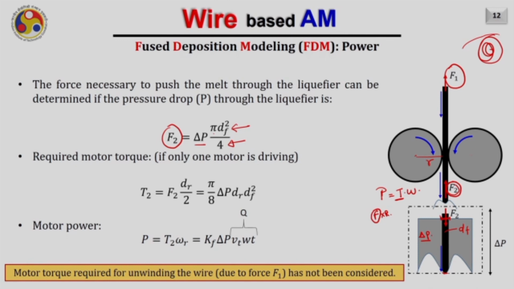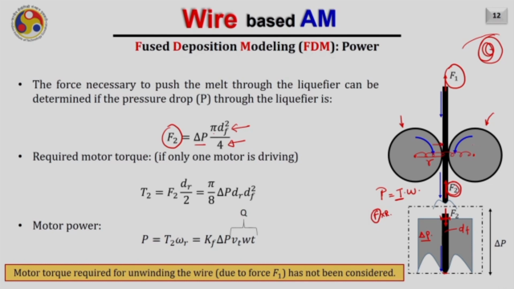Now assume that only one of these motors is running. Assume that this motor is not running, but is just acting as an idler. So this is the driver and this is the idler, and they are connected with some spring to apply appropriate force against the wire.